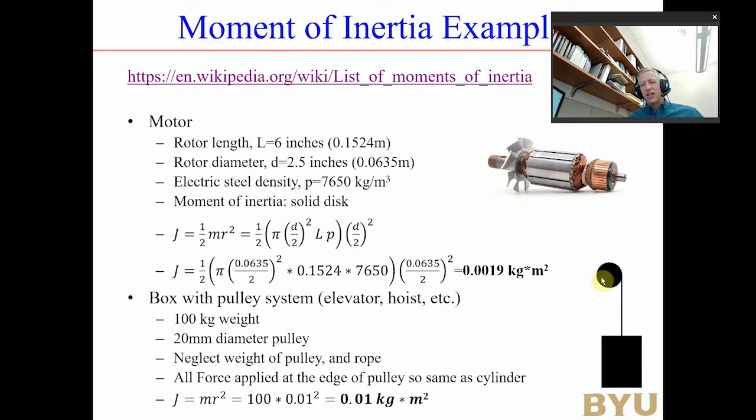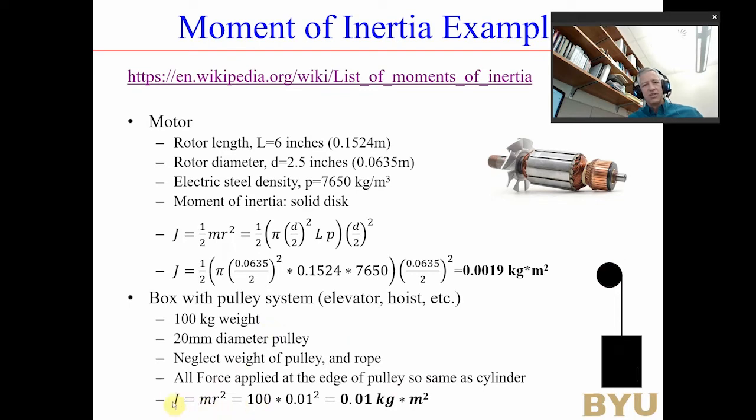Now let's look at a box, a weight, and a pulley system. So with a weight and a pulley system, you see all of this weight is getting applied at the edge of the pulley. Because of that, this is basically going to be the equation of the cylinder because all of my weight is at a distance.